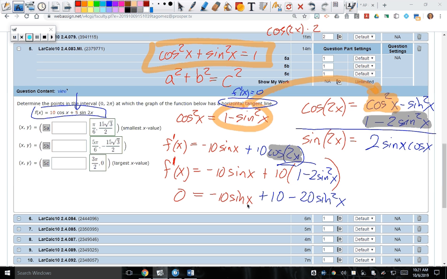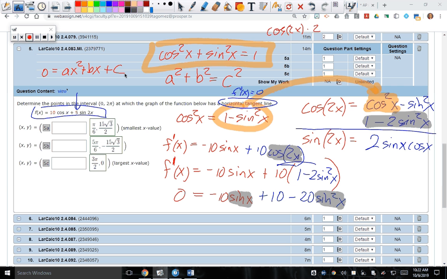Right now, you should see things that kind of stand out at you. And this almost looks quadratic. It almost looks like this form that we learned back in Algebra 2. You have your x squared term, and you have your x term.